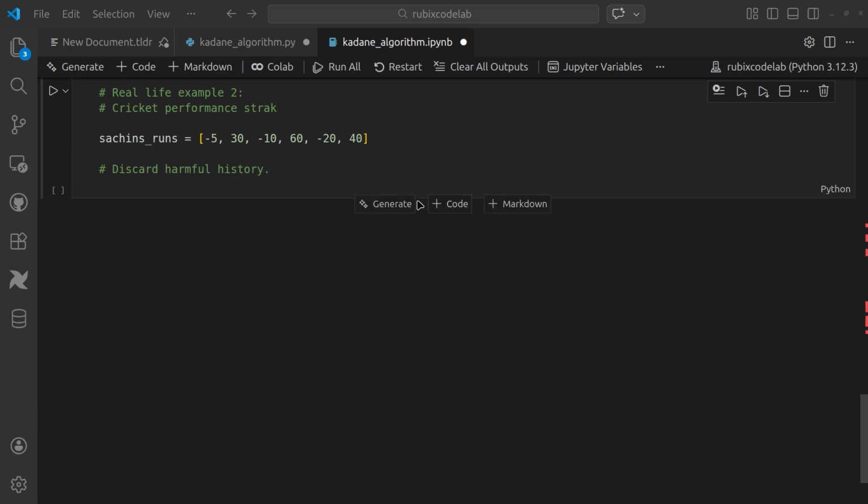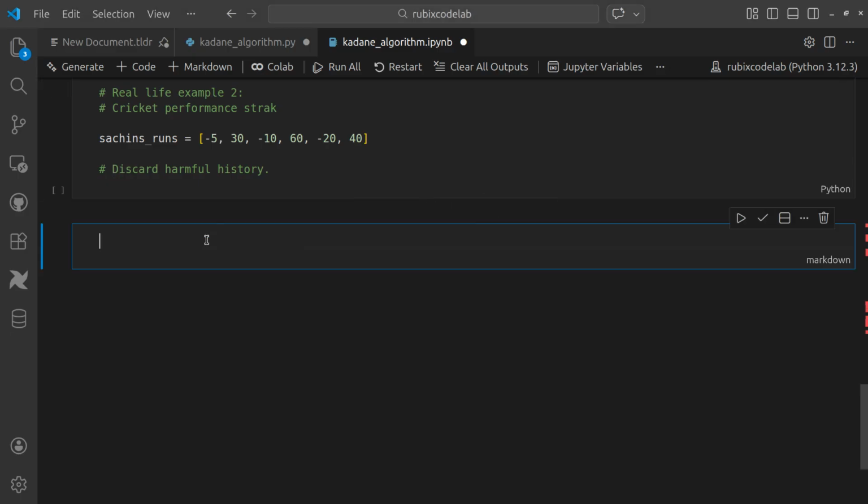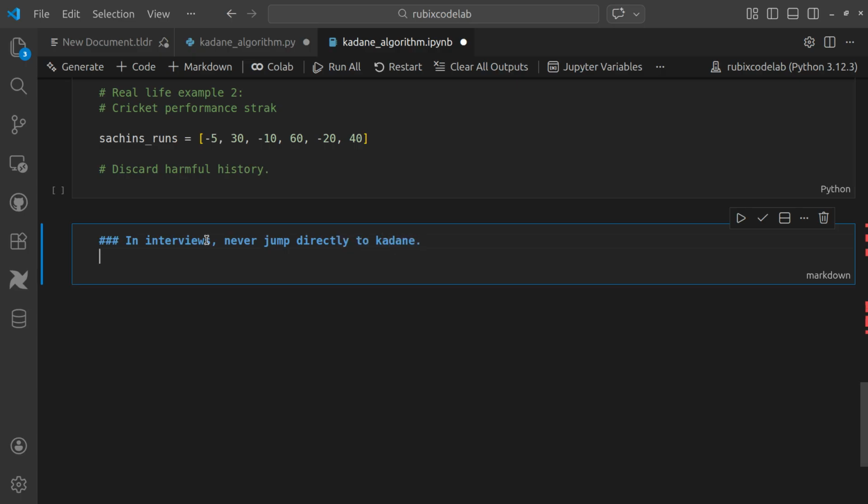As we are done with the Kadane 1D algorithm, I'll put down a few pointers. In interviews, never jump directly to Kadane. First, explain the brute force, and then explain why it fails.